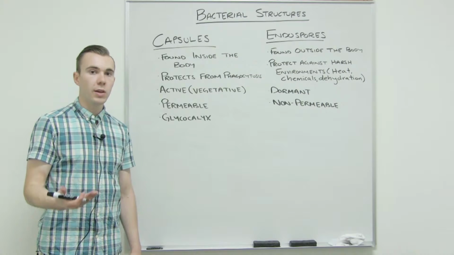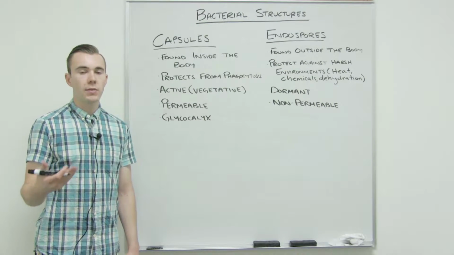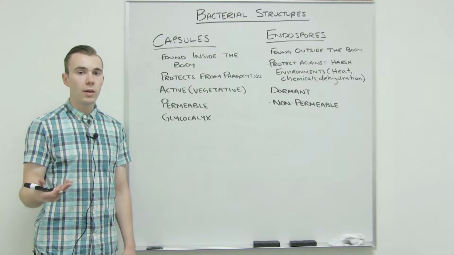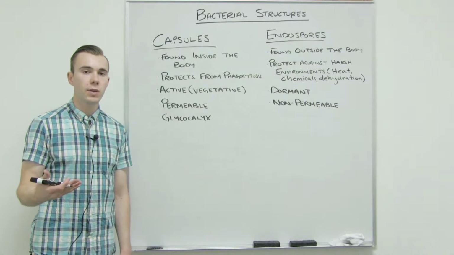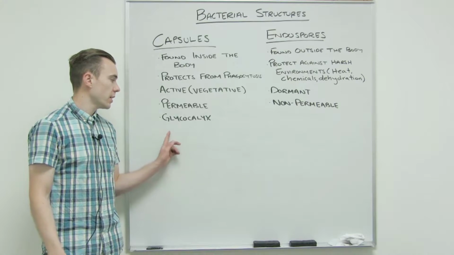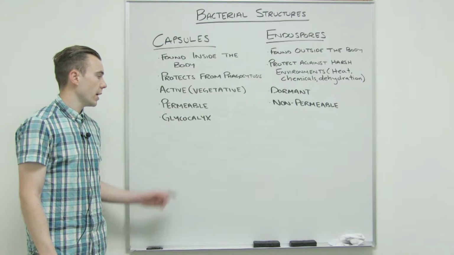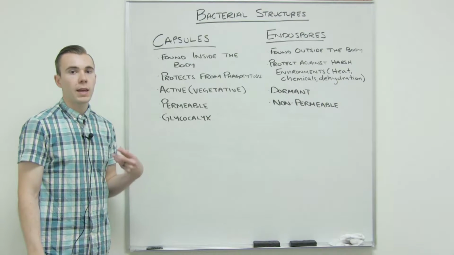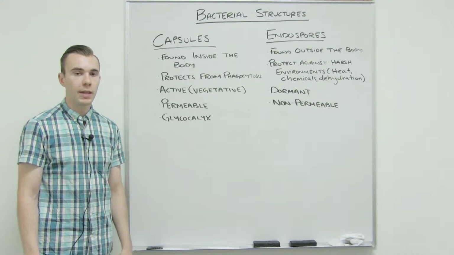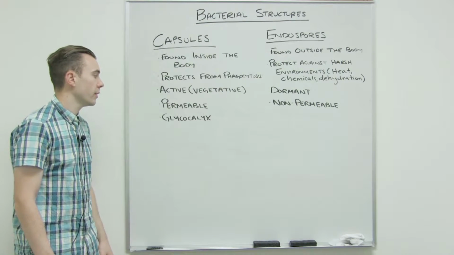If you grow bacteria in the lab, you notice that colonies growing on a plate have different appearances, and in the textbook you can see different appearances of bacteria that grow on different types of media. This gives it a smooth look. The glycocalyx is very smooth and very slippery, and that's why it doesn't allow phagocytosis to occur.